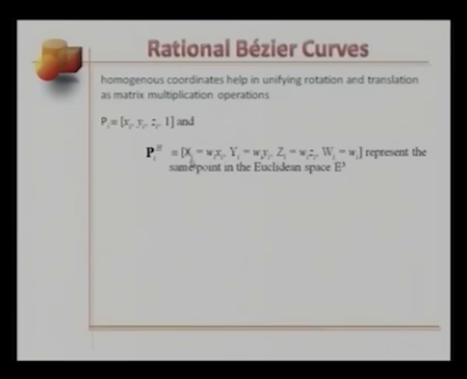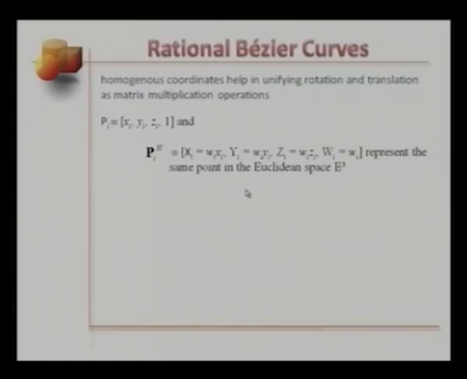Capital Xi is given by Wi times small xi, capital Yi is given by Wi times small yi, capital Zi is Wi times small zi, and capital Wi is small wi. Enough of notations. Some physical significance now. Small wi is the weight or scale factor.